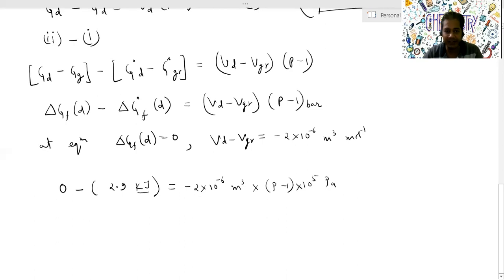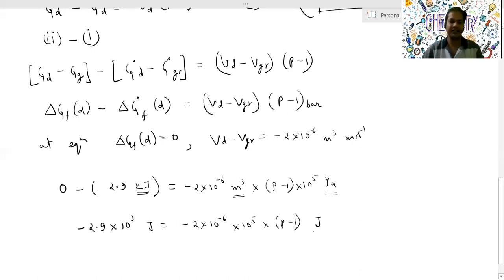Because on the left hand side we have kilojoules, and joule is an SI unit, so the right hand side also will keep values in SI units. So this comes out to be minus 2.9 kilojoule, which is 10 to the power 3 joules, equal to minus 2 into 10 raised to minus 6 into 10 to the power 5 into P minus 1. This will also be in joules, since meter cube into pascal gives the value in joules.